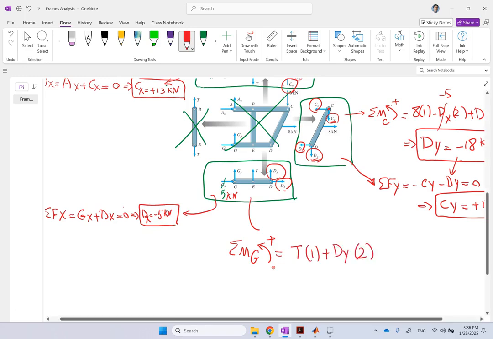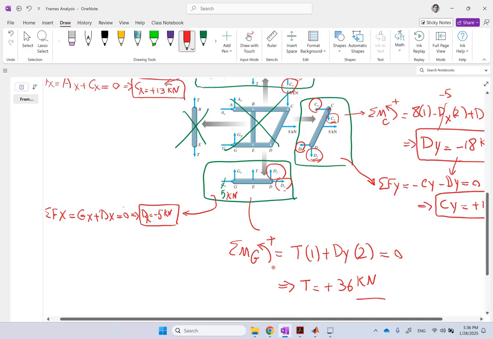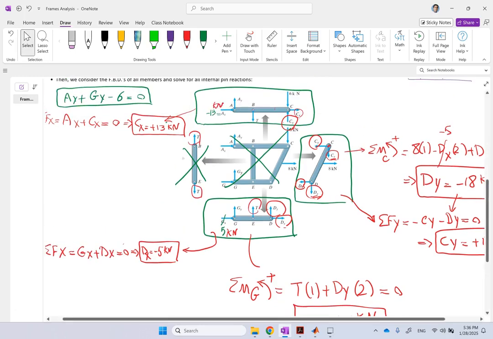Nothing else. That is equal to 0. So clearly t is going to be negative 2 dy. That is 18. So that is going to be positive 36 kilonewton. So you found the force in this two-force member. So T is taken care of, and this T is taken care of.